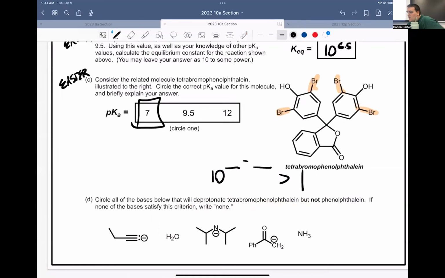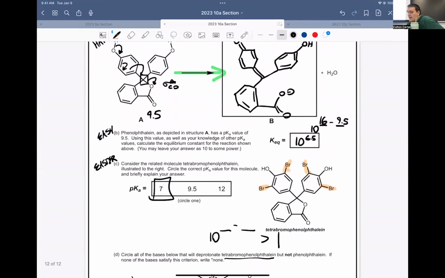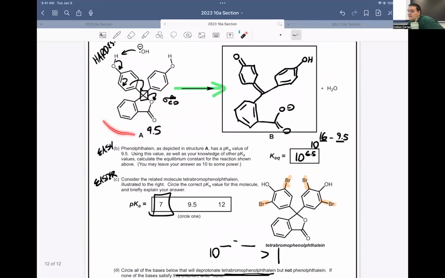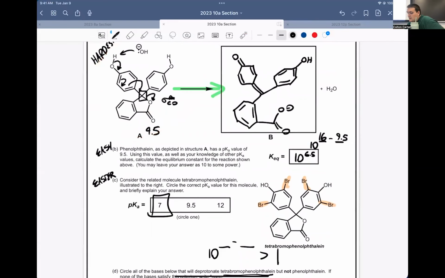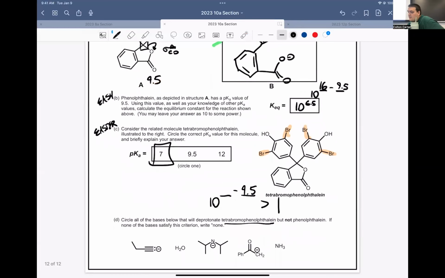Here the tetrabromophthalein is the reactant acid, so we are going to do something minus 9.5 has to be greater than 1. Another way to put it is we want x minus 9.5 to be greater than 0 if we want to get rid of those 10 powers.